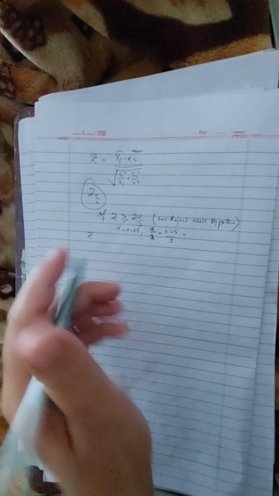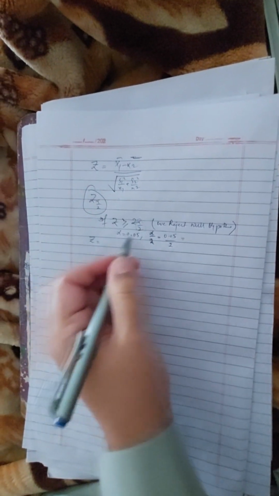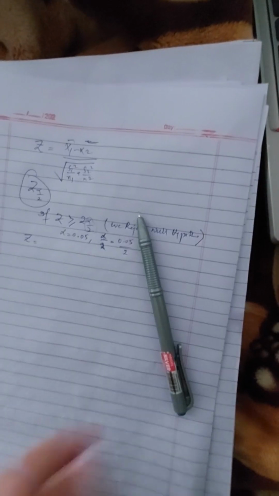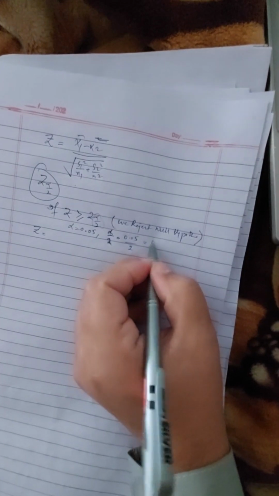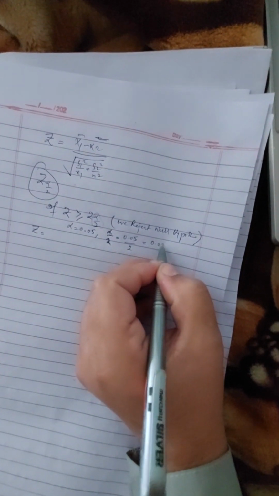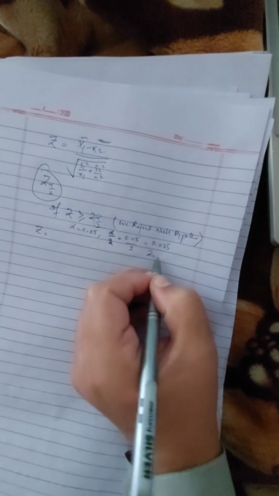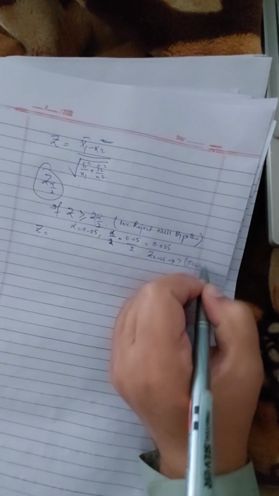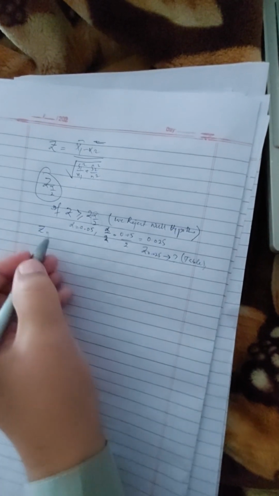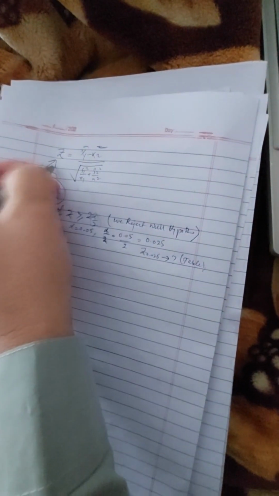So let's calculate first the Z value and then the Z value from the table. This alpha by 2 will give us 0.025. So Z of 0.025 is to be found from the table, and the Z value from this formula.